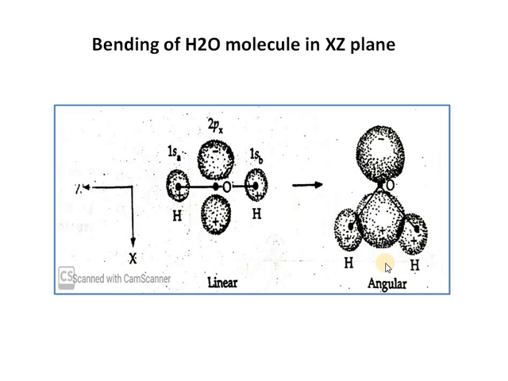The pi y 2py orbital remains non-bonding even in the angular form because of its net zero overlap with the 1s orbitals of the hydrogen atoms.